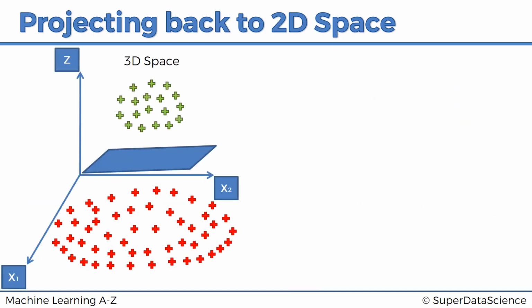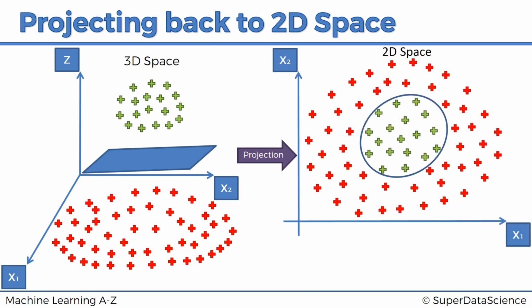And then basically, we've got this result. Then we just project it back into our two-dimensional space, and we've got this circle that encompasses our classes, or separates our classes. And there we go, we've got the non-linear separator.